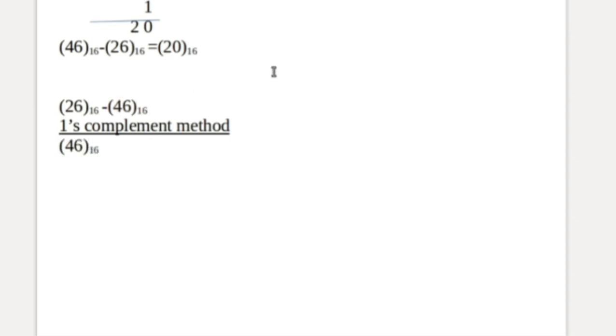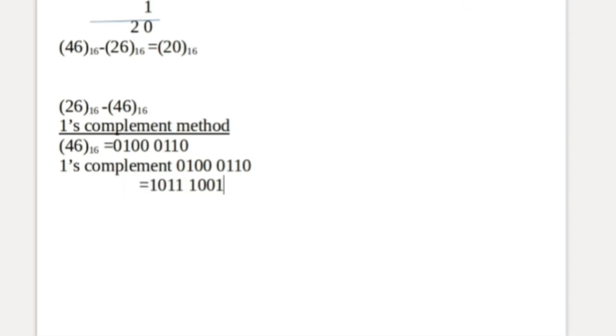The binary equivalent is 0100 0110. The 1's complement of 0100 0110 is equal to 1011 1001, that is equal to B9. Okay, so next add 26 and B9.